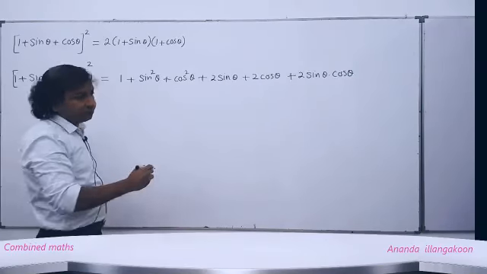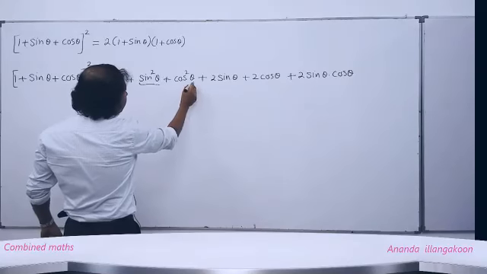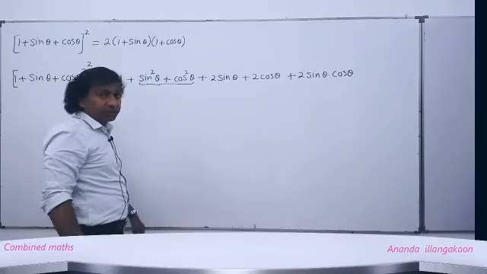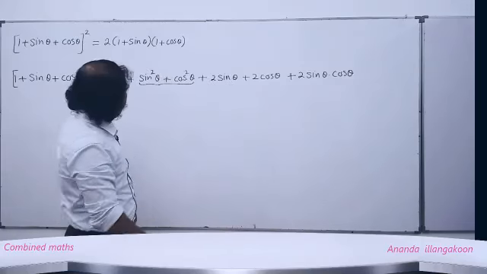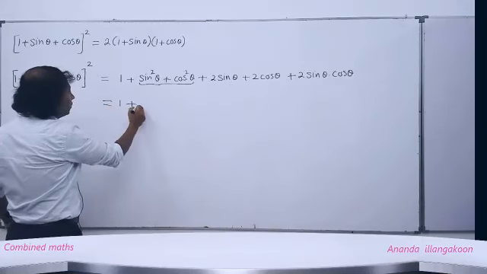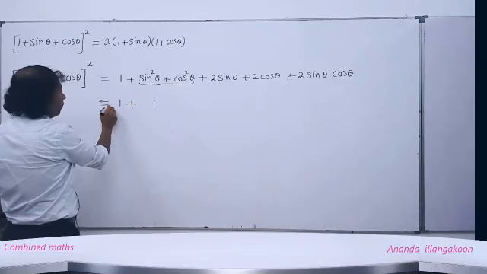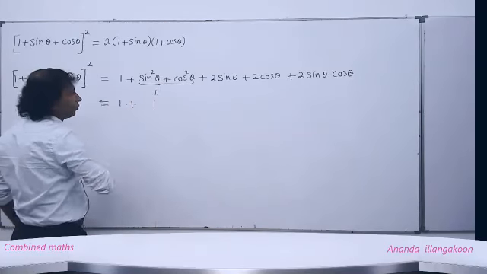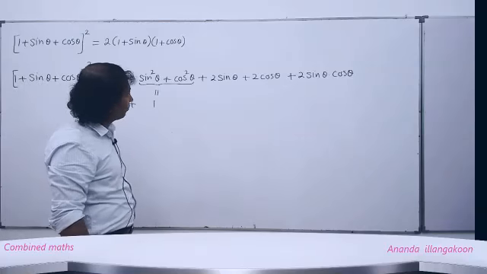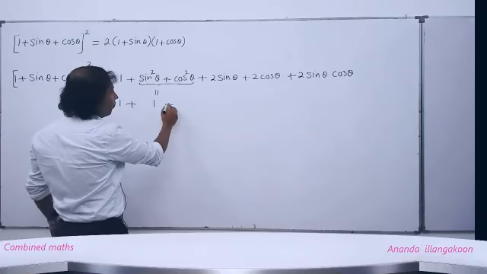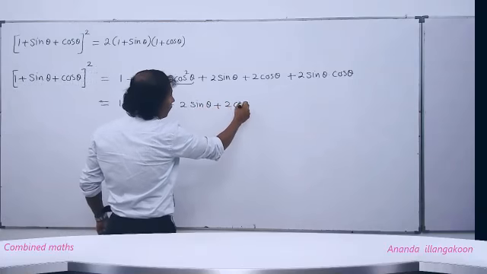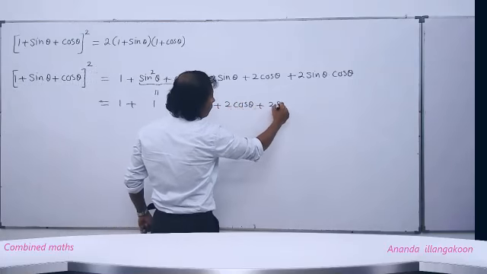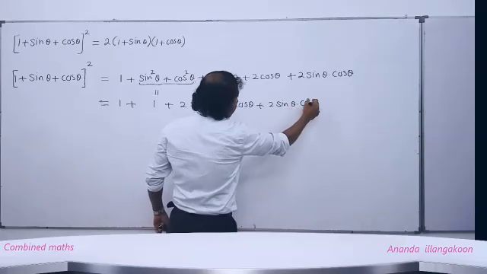Now see here, people: sin squared theta plus cos squared theta, what is that? 1, no? Right, it is 1. Then we get 1 plus this 1. Now 2 sin theta plus 2 cos theta plus 2 sin theta cos theta.